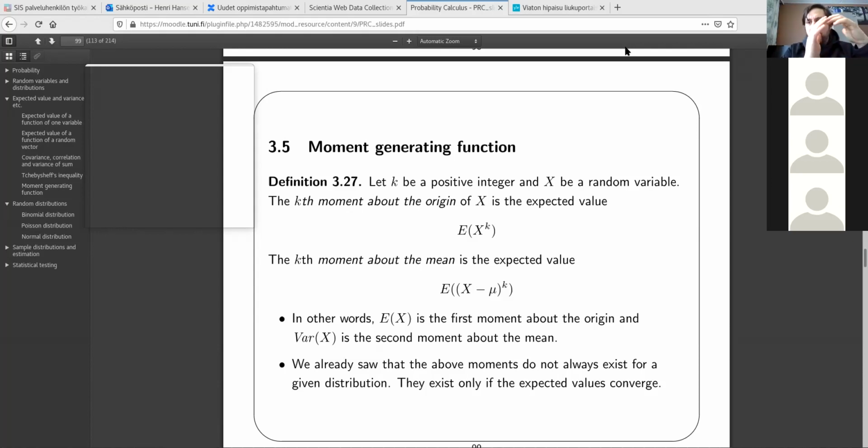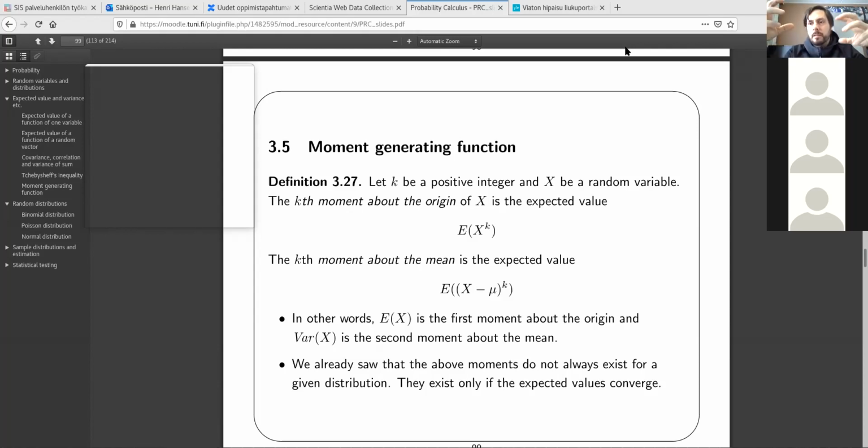So we have expected value, we have variance, we have higher moments which progressively give more weight to those events more distant from the expected value.